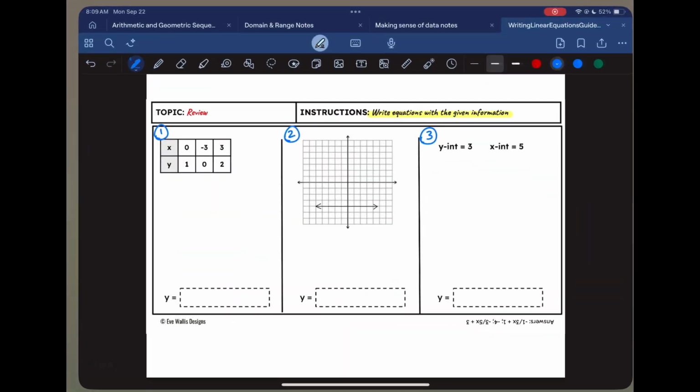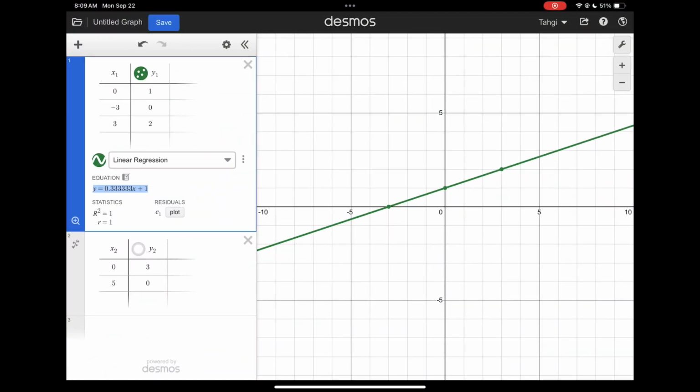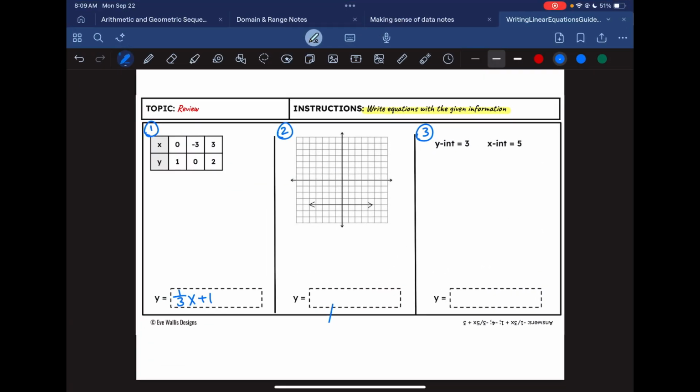I just want to change that decimal to a fraction. 0.33 is 1/3 x plus, was it plus 1? Yeah, plus 1.